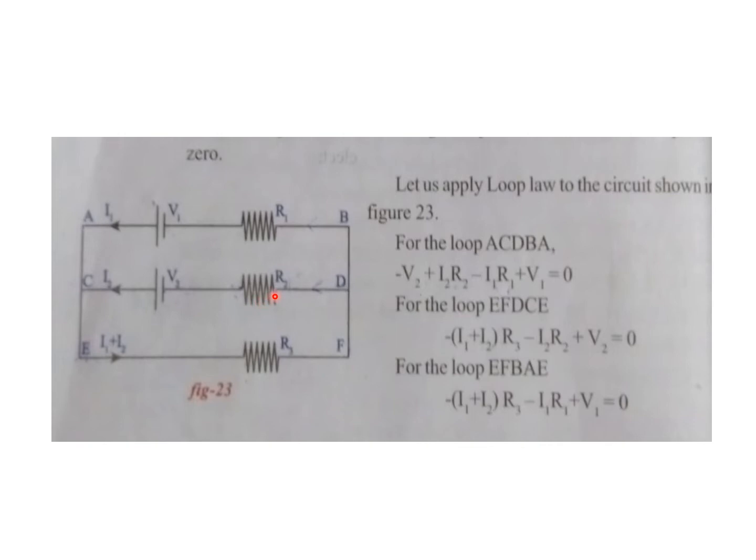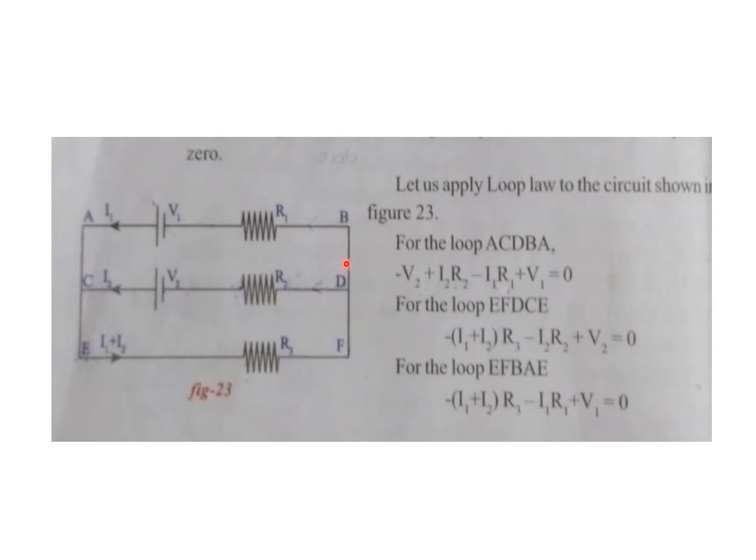I repeat again: we are moving in the opposite direction of the current, so the direction is negative, but the potential decreases here, which is considered negative, and minus into minus is positive. So the potential at this point is plus I2 R2.